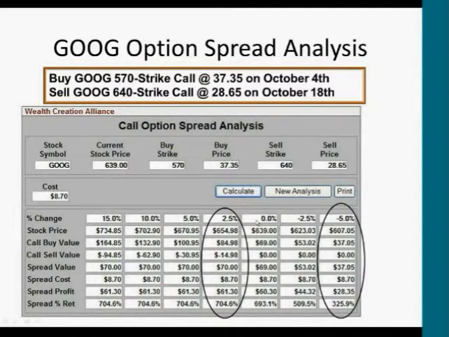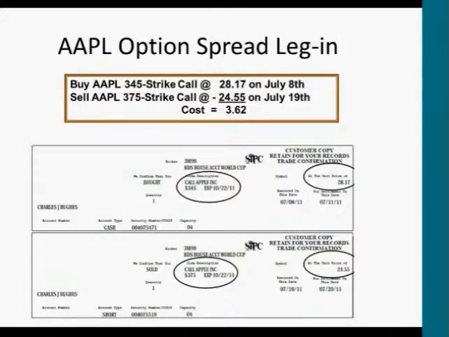And if Google stock was flat at option expiration, this trade had a 693% profit potential. If Google stock went up at all, it had a 704% profit potential. And if it declined 5%, it had a 325% profit potential. So not only did we provide downside protection, but we also increased the existing profit potential.